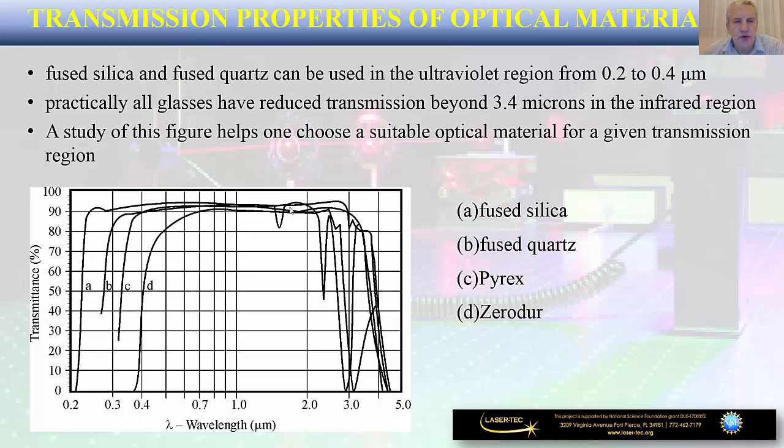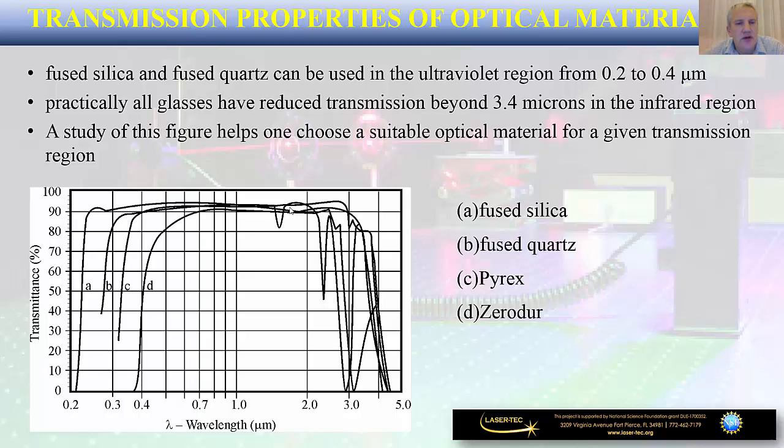Now, it's also important to spend a few minutes explaining what you're seeing here on this plot on the left-hand side. What you see here are the transmission properties of a few different types of materials. On the horizontal axis you have the wavelength, and on the vertical axis you have the transmittance in terms of a percentage.